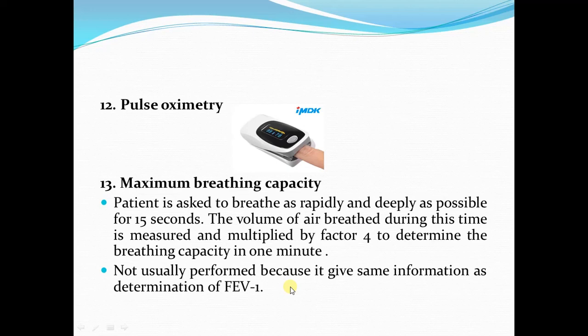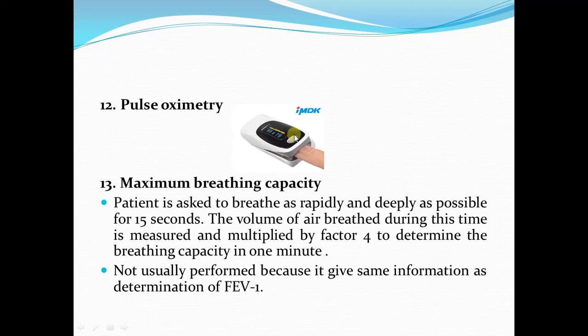The next test is pulse oximetry. Pulse oximetry is done using the pulse oximeter. Here this is the figure of a pulse oximeter. The pulse oximeter tells us the percentage saturation of blood with oxygen.